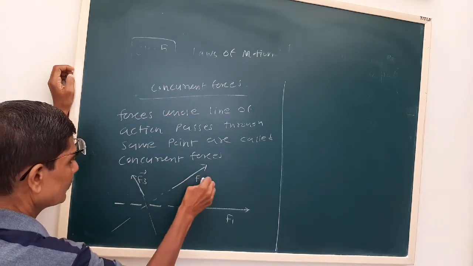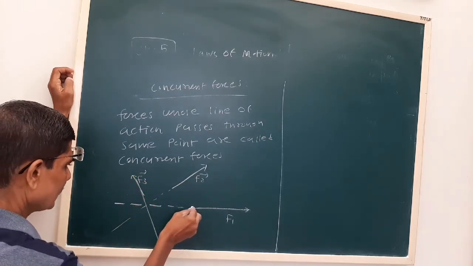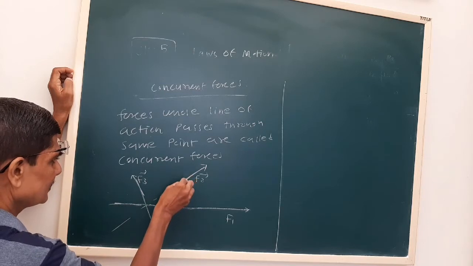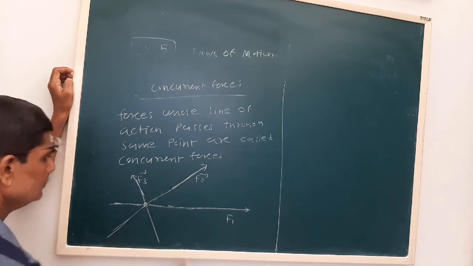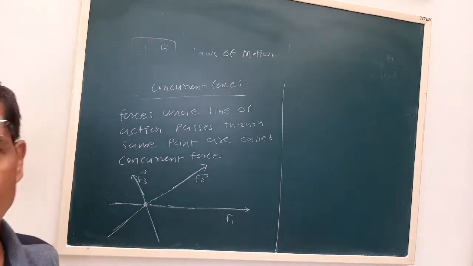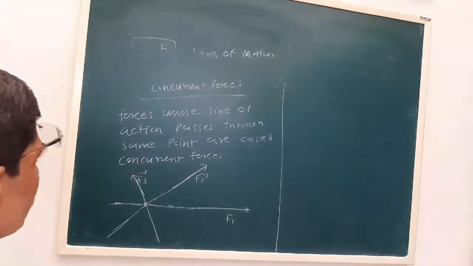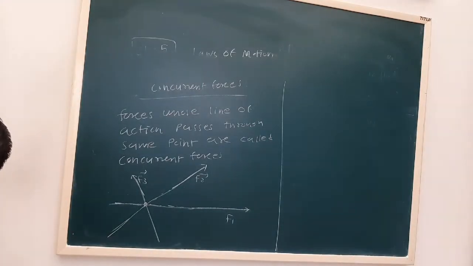All these three pass through the same point. Then such forces are concurrent forces. So, forces whose line of action passes through the same point are called concurrent forces.